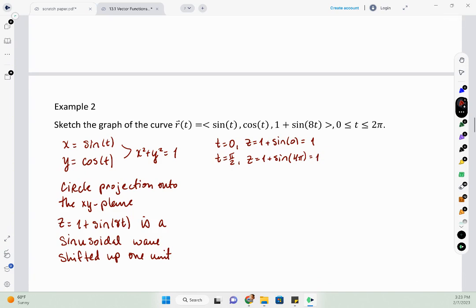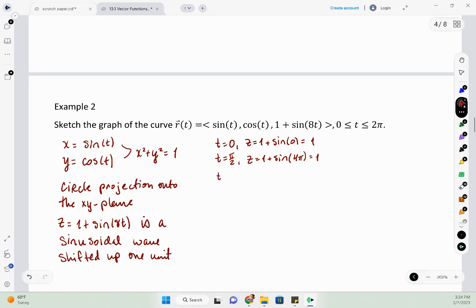I better pick some better values here. I want there to be some other values. We could do pi fourths. No, that still wouldn't work. Let's just keep on going.